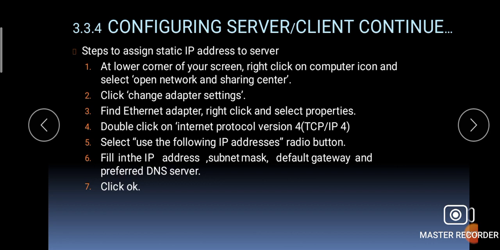Then find the Ethernet adapter, right click and select Properties, and double click on Internet Protocol Version 4, that means TCP/IPv4. Then select the radio button Use the following IP address, fill in the IP address, give the subnet mask, default gateway and preferred DNS server, and finally press the OK button.